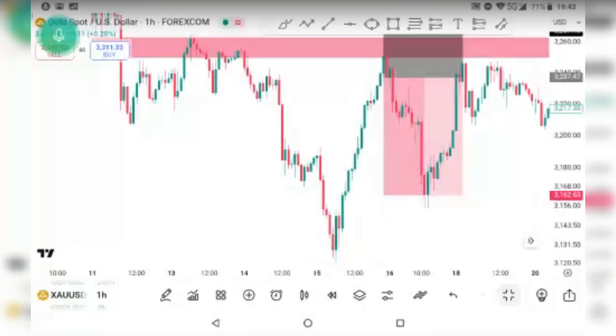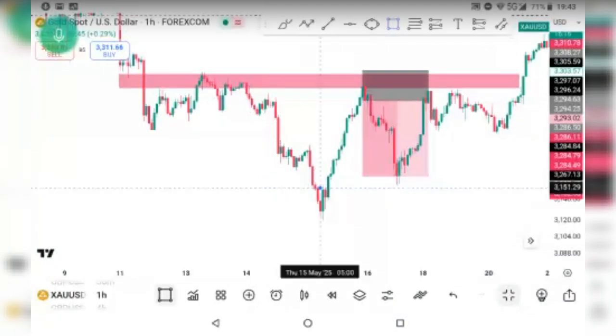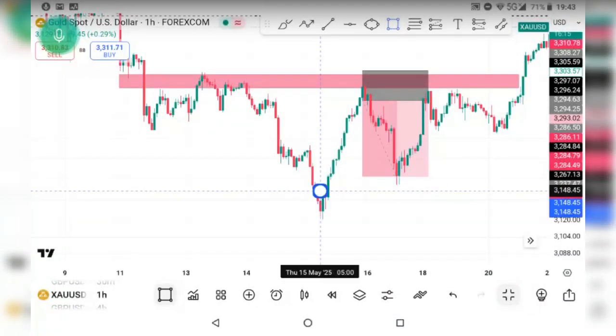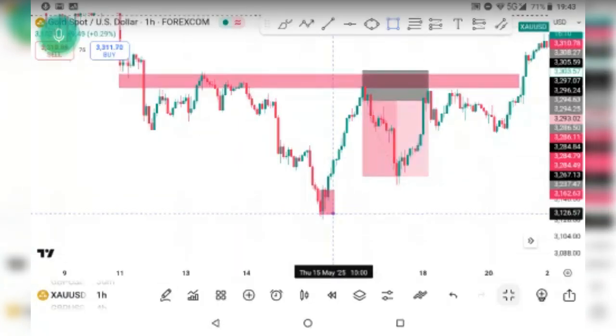So let's look for one more bullish engulfing. This is a bullish engulfing. You can see how the green candle engulfs the entire red candle.